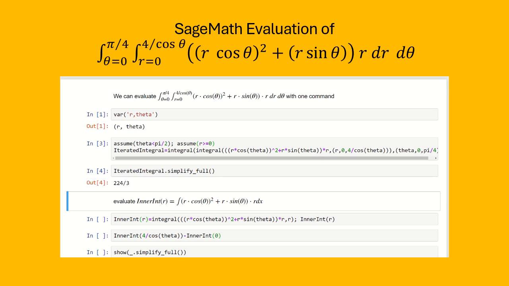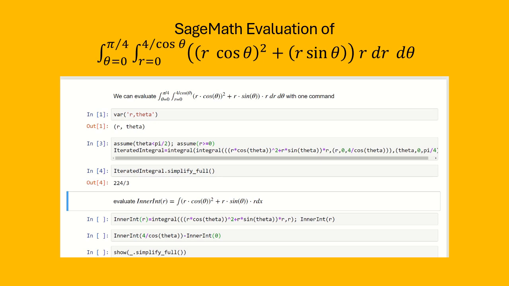Next, we're going to look at another method of evaluating this iterated integral, piece by piece. We'll evaluate the inner integral as far as just an inner antiderivative goes first, and then we'll use the fundamental theorem of calculus to get the value of that inner definite integral.